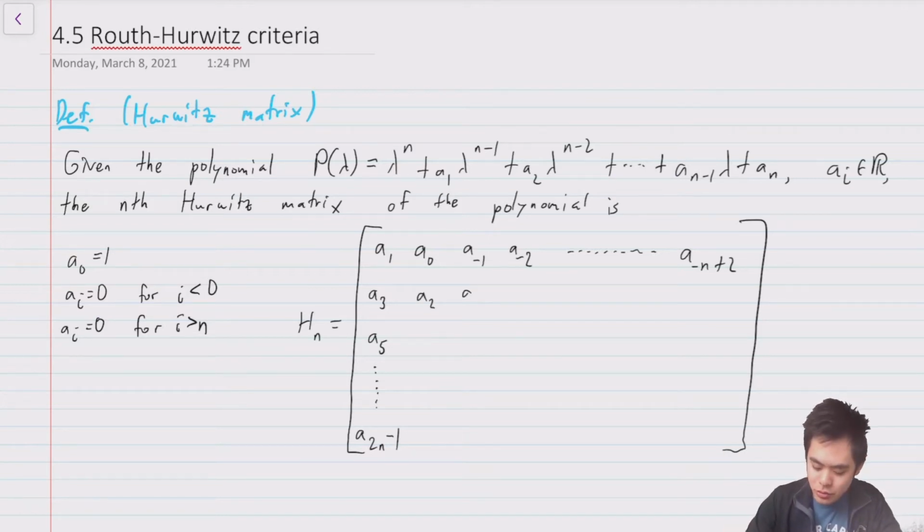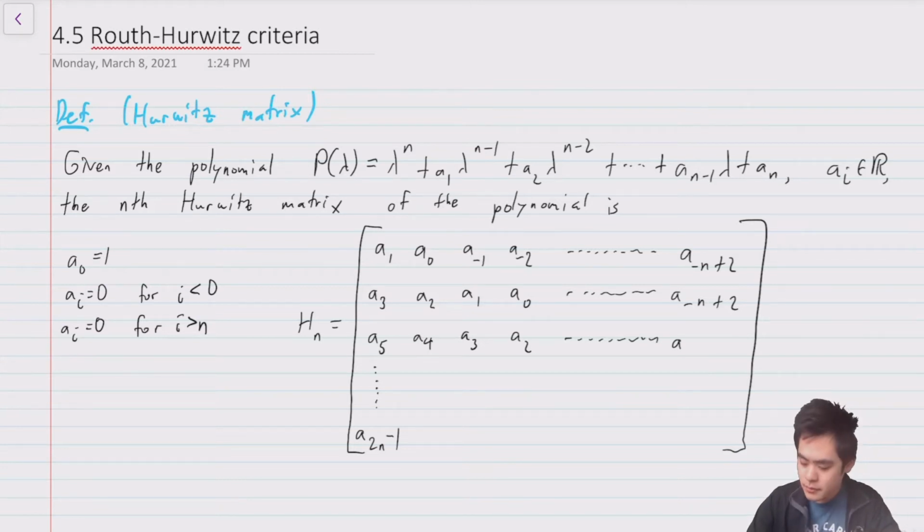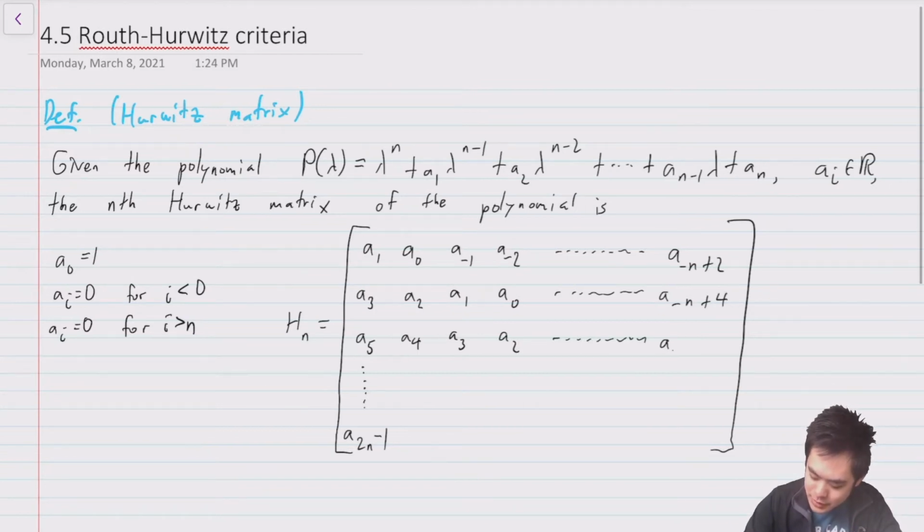So a2, a1, a naught, and then a(-1), and so on all the way to a(-n+2). Then this would be a4, a3, a2, all the way to a(-n+4), and this one is a(-n+6), and so on.